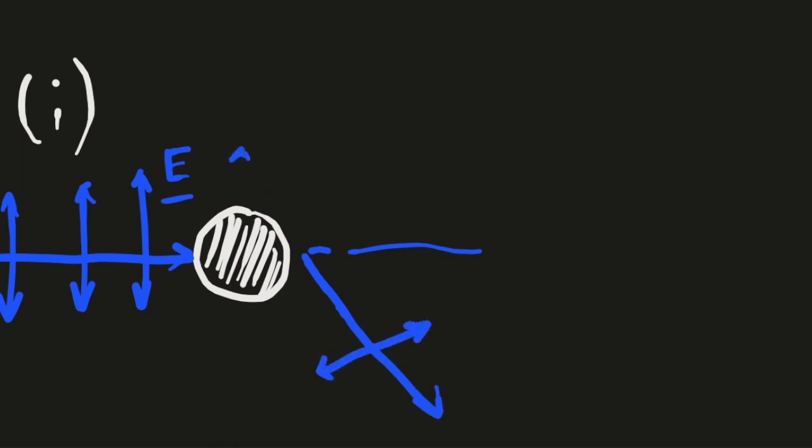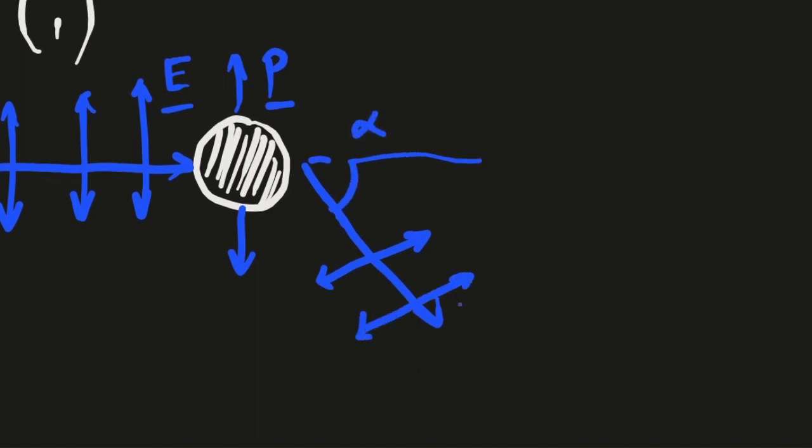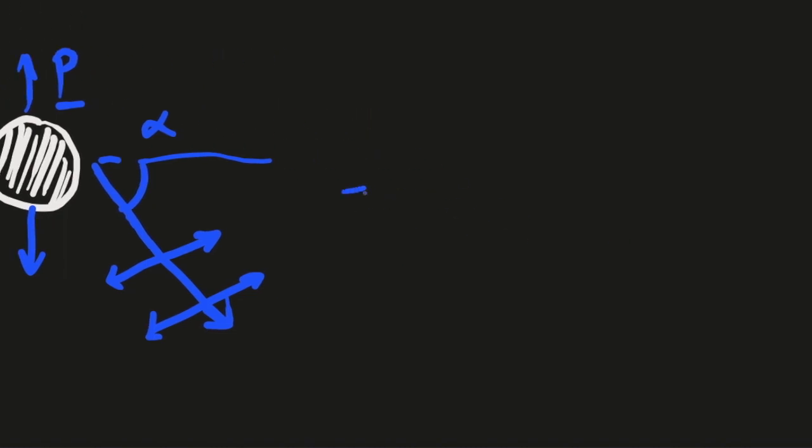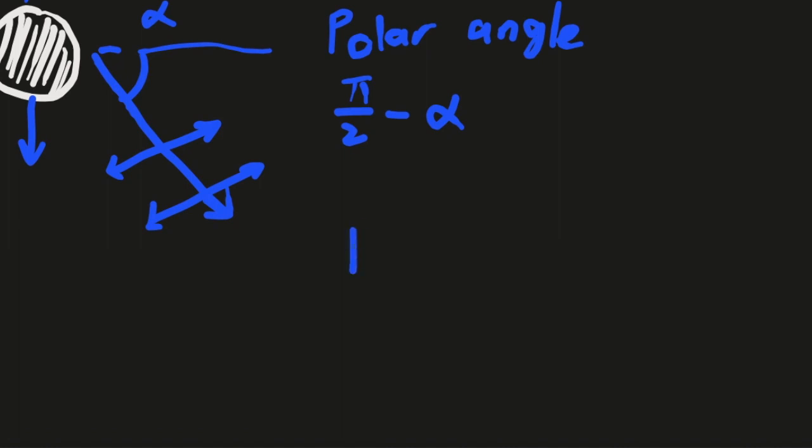Your dipole moment P looks like that, at angle alpha. So your result for that, the polar angle is pi over 2 minus alpha.